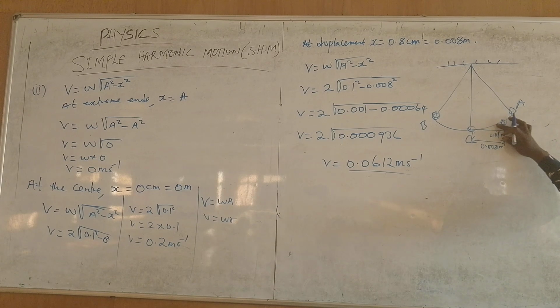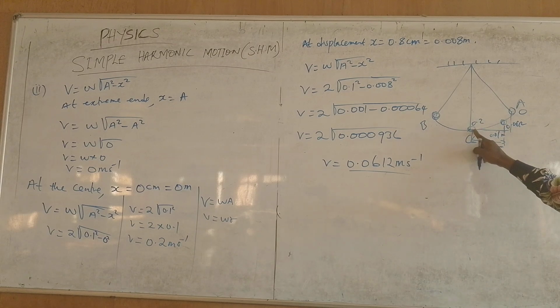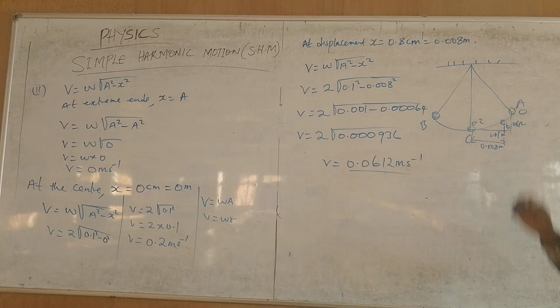As you are moving now, here V is what? Here V is 0. Here it is 0.0612. Here it is maximum, 0.2. So at the center it is maximum, and here it is small. Here it is 0.